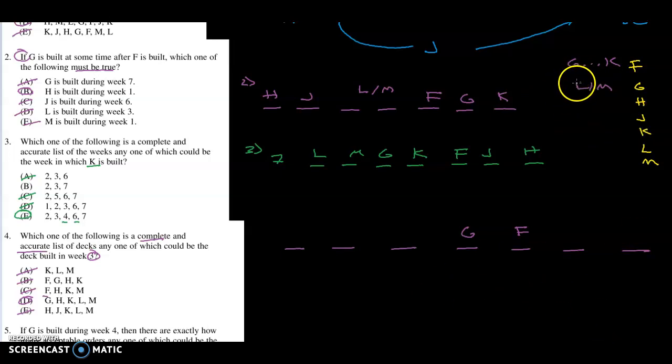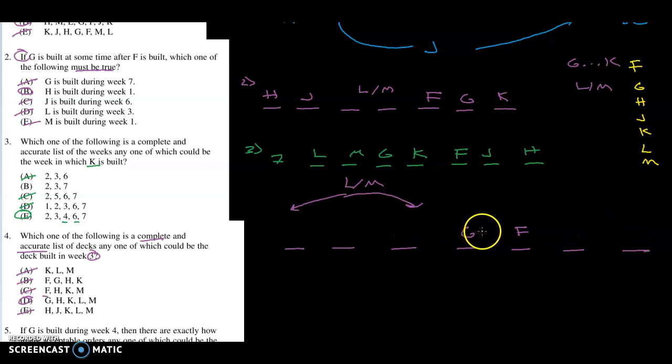So think about this. Let's go with the most restricted block first. And by restrictive, I mean, things that have to be lumped together. We know L and M have to be together, so that means either here in 6 or 7 or somewhere in this group here, right? So L and M either somewhere in here or here. Well, clearly they have to be in here somewhere because I have to put K afterwards.